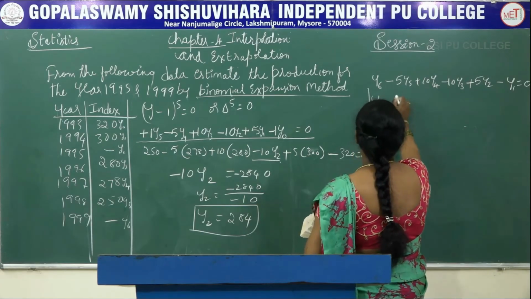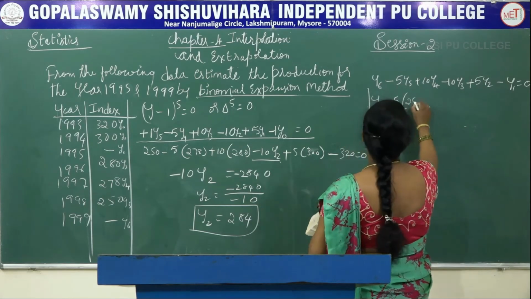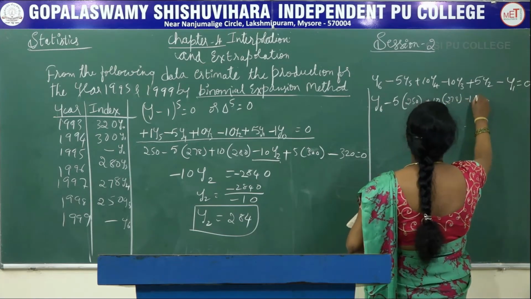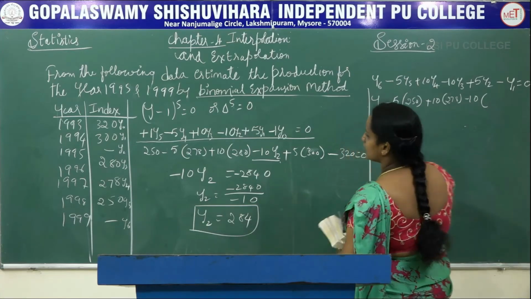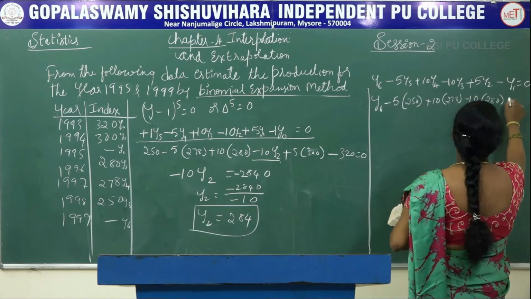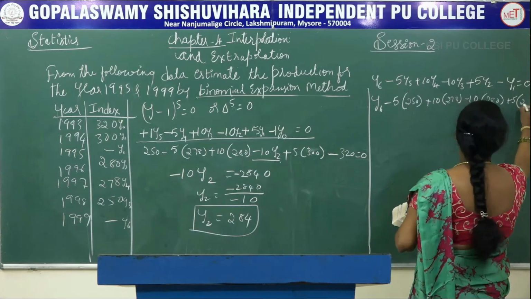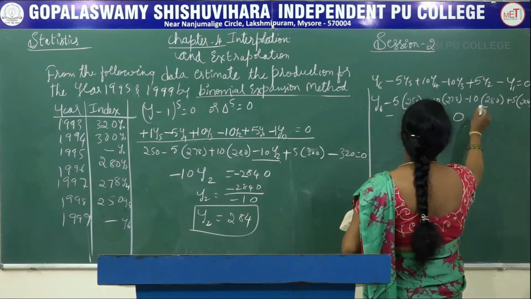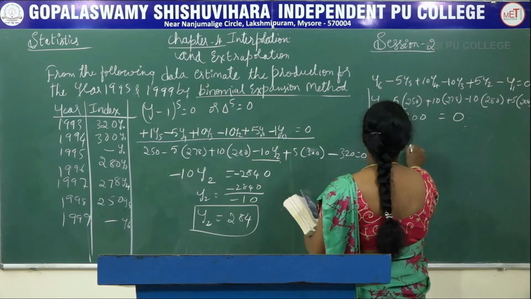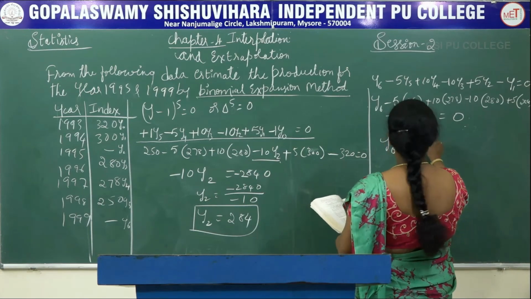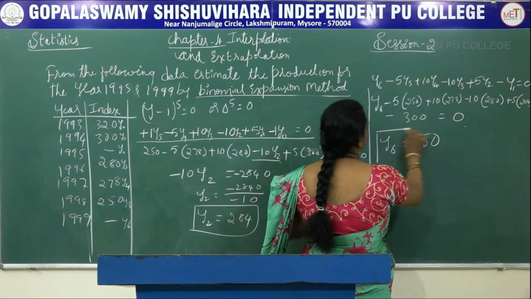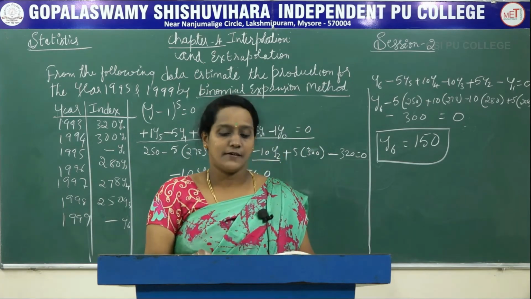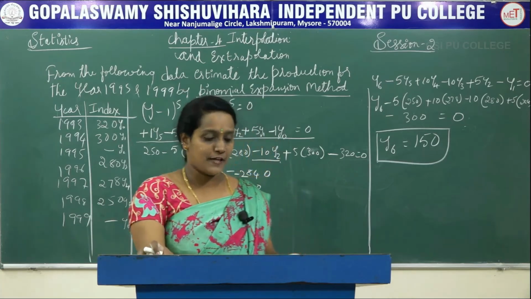So y6 minus 5, y5 is 250, plus 10 into y4 is 278, minus 10 into y3 is 280, plus 5 into y2 we have calculated, it is 284, minus y1 is 300, should be equated to 0, and after simplification, our y6 value is equal to 150.